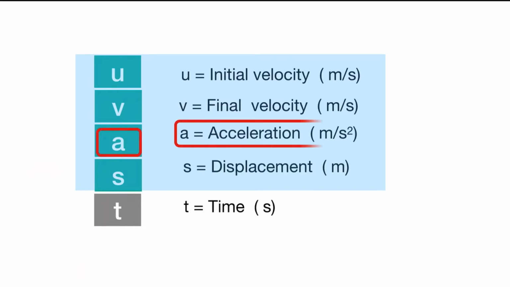The magnitude of this acceleration is constant near the Earth's surface and is represented by g. So here a is equal to minus g, which is equal to minus 9.8 meters per second squared. Remember, it is always in the downward, negative direction irrespective of the direction of motion.